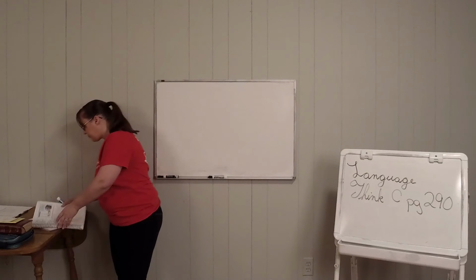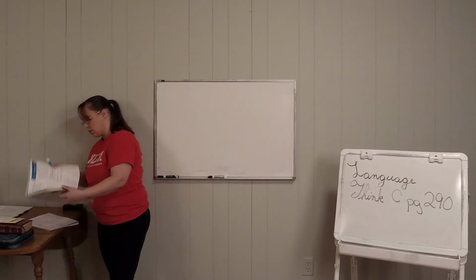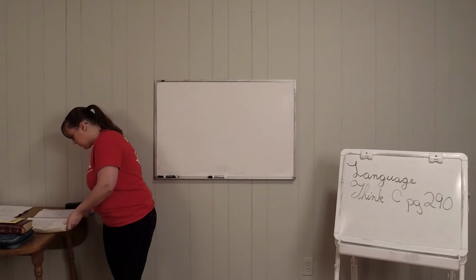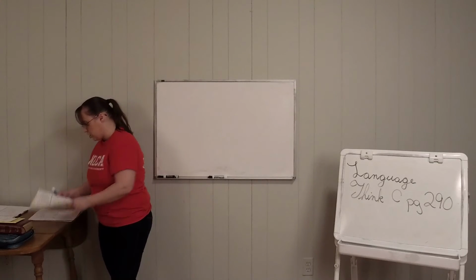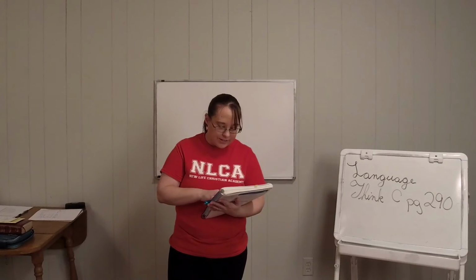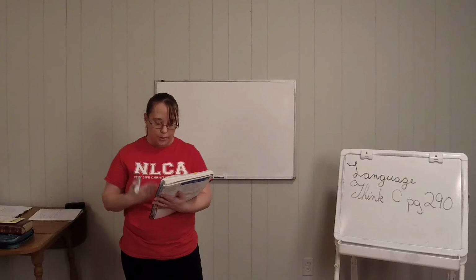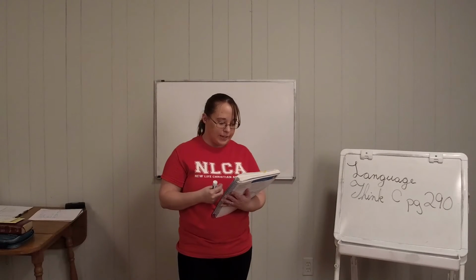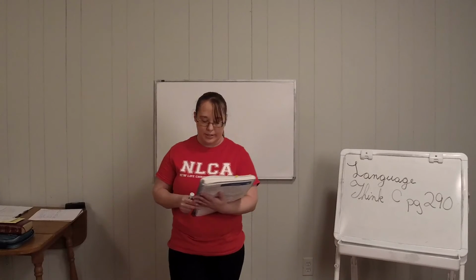Now, if you look at page 290 on Think C, your directions are: if there is no error in the verb, pronoun, or modifier usage, write correct in the blank. If there is an error, underline it and write the correct word in the blank.